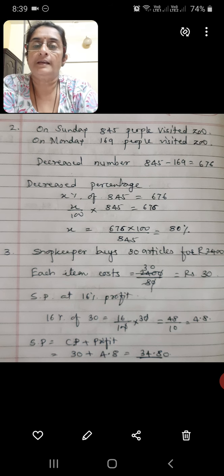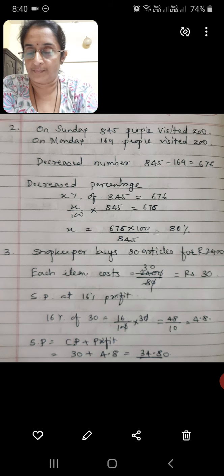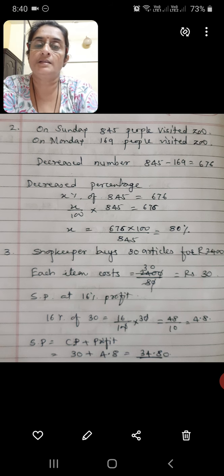So we will find out each article's price first. When you divide 2400 by 80, you will get rupees 30 as each item's cost. Got it, children? Because it is total money spent divided by number of articles. Now to find out the selling price of each 30 rupees article, we have to add a profit of 16% on that.